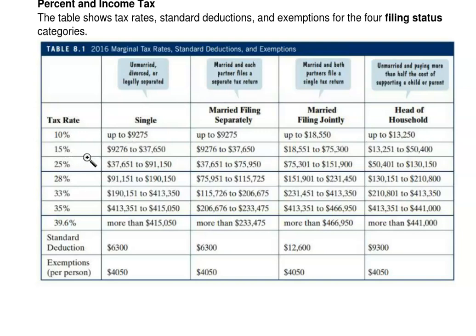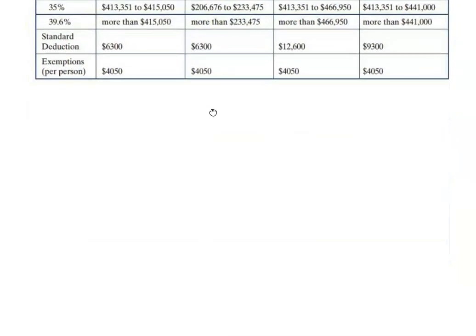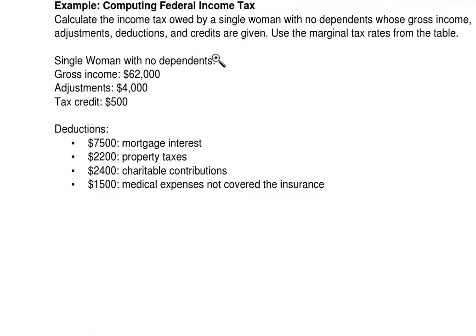So if it's hitting 15% at a lower amount, you're going to be paying 15% on more money than you are over here. Right? So I hope all that made sense. So let's keep this chart in mind as we take a look at the next example, which I guess is on the next page. So let's scoot on over here, zoom in. All right. And we'll probably have to flip back and forth.